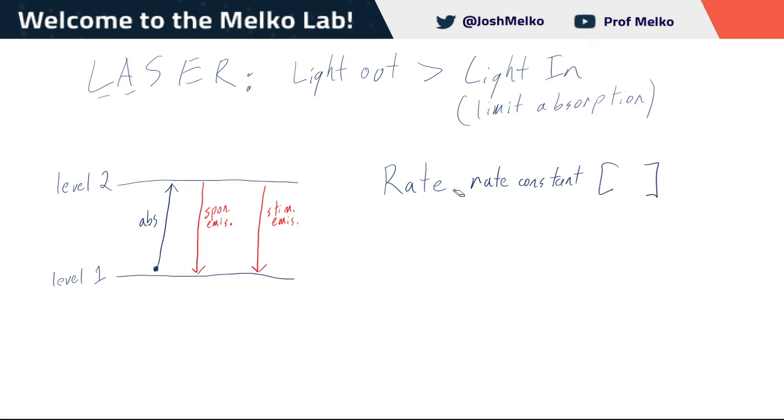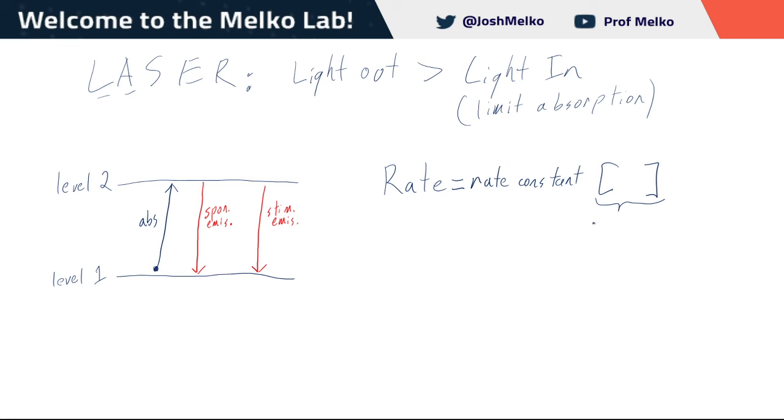Okay, so it's not really defined that way. There's a mathematical equation. There we go. So the rate of some chemical process is the rate constant for that process times the concentration of the reactants there. Okay, so in that framework, we can think about this concentration here really as the number of molecules in a given level.